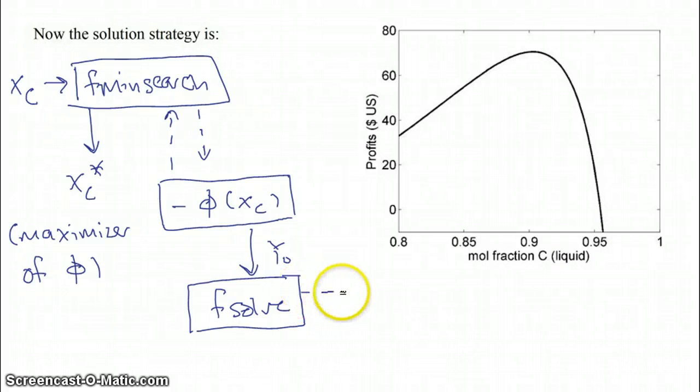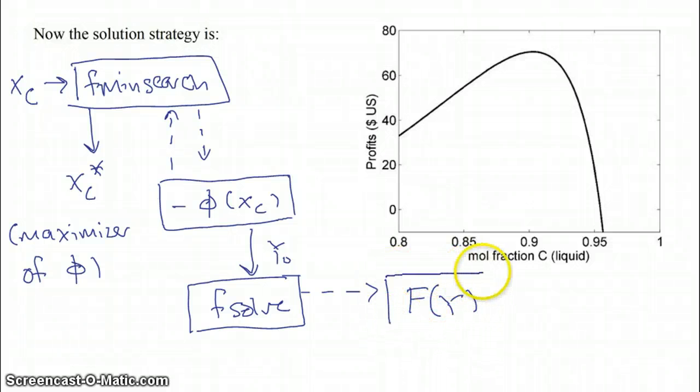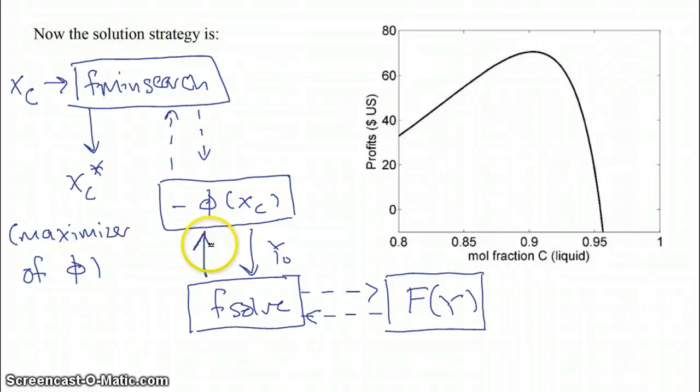And that fsolve is then going to call on some function that we've already written in the past, capital F of y. This is the same function that we saw in 12.1 and also in example 11.2. That function is going to spit back out to fsolve the value of capital F for the particular values of y. And then fsolve is going to vary all these different values of y until it finds a zero of the function f, and spit back out y star, which is the root of f. And so that's the way it worked.